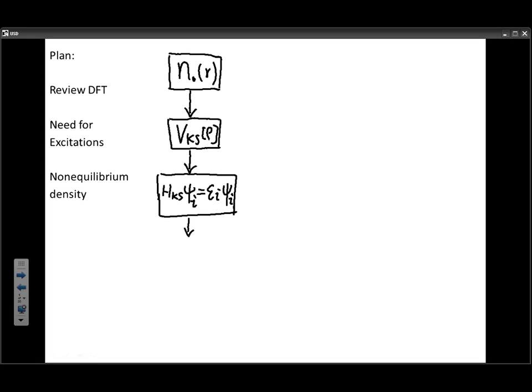The goal of solving the Kohn-Sham equation is to find the lowest eigenstates of the Kohn-Sham Hamiltonian, and after the summation of the equation, we have all the ingredients to obtain the new density.